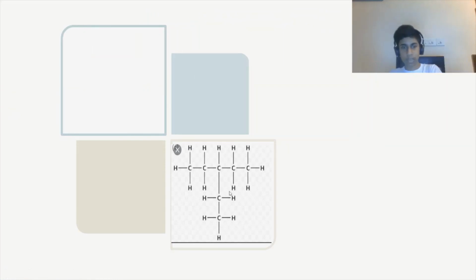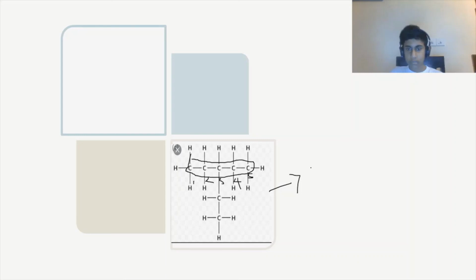Now let's look at this question. We have a pentane here, or we could just take this as a chain. It would remain the same thing. So this would be 1, 2, 3, 4, 5. Because it's symmetrical, we could number it in any way.